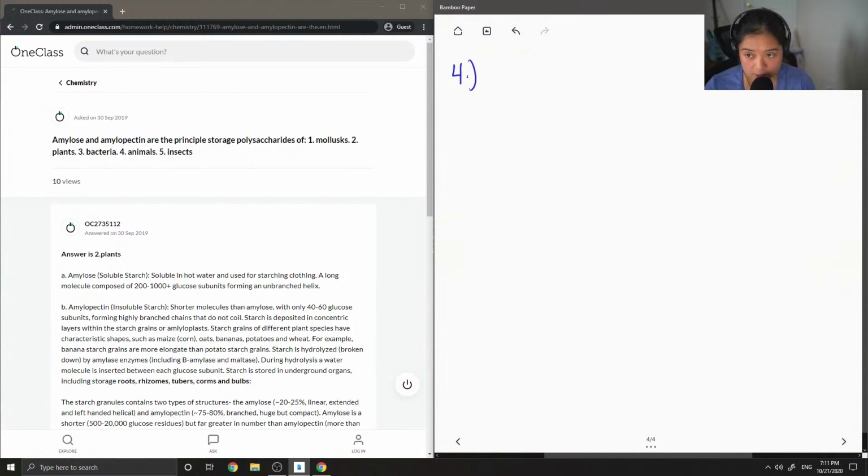Okay, so I'm going to go ahead and say that the answer for this question is that they are examples of the principal storage polysaccharides in plants.